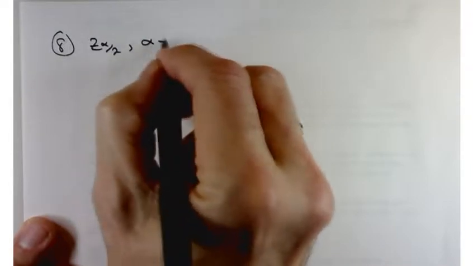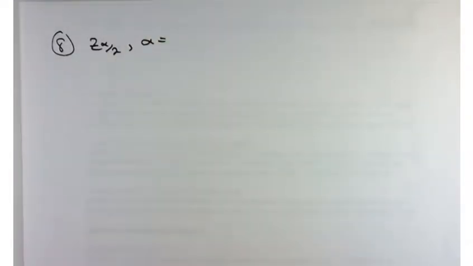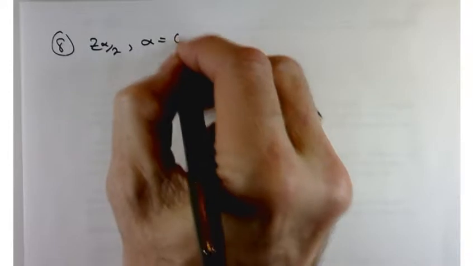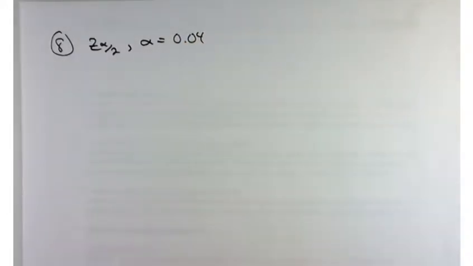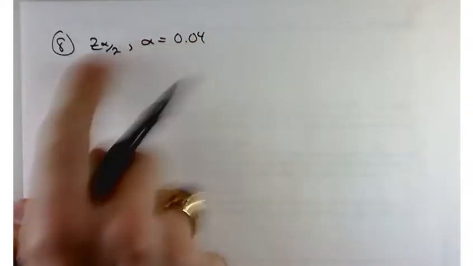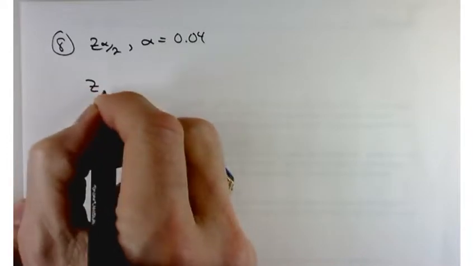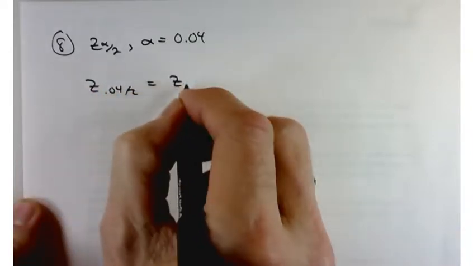We want to find z sub alpha over 2 when alpha is 0.04. So if I plug that in here, it's z sub 0.04 divided by 2, which is z sub 0.02.